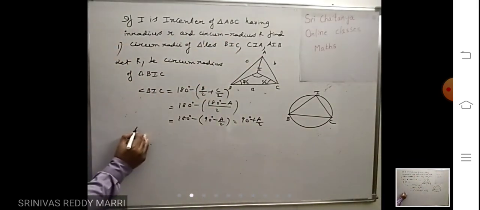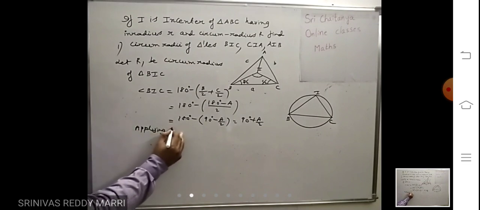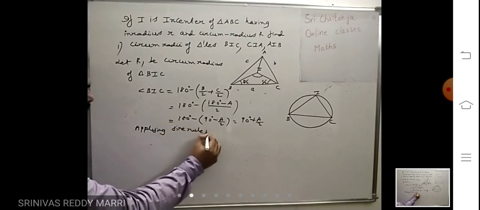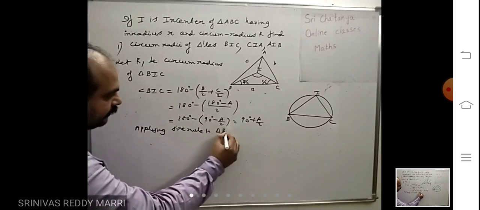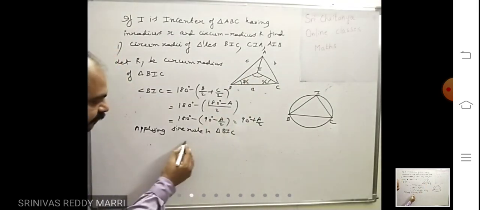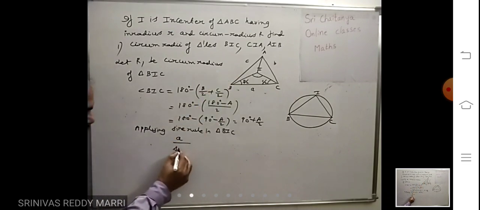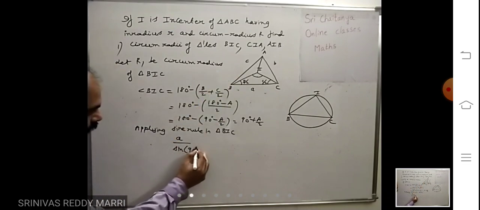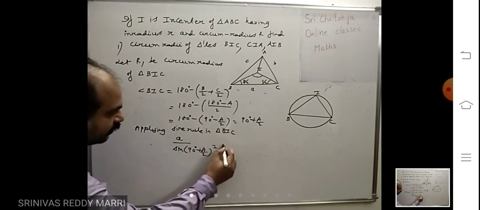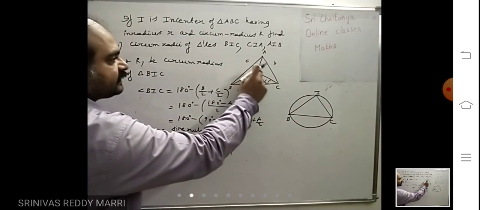Now applying the sine rule in triangle BIC. The sine rule states the side length, that is A, divided by the sine of the opposite angle is 2 into the circumradius of triangle BIC.